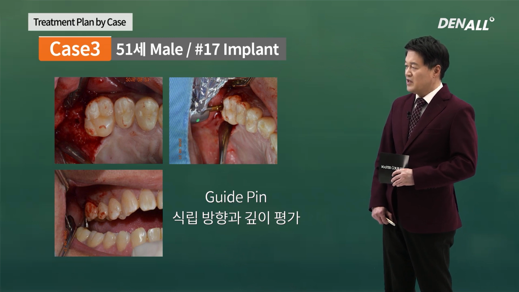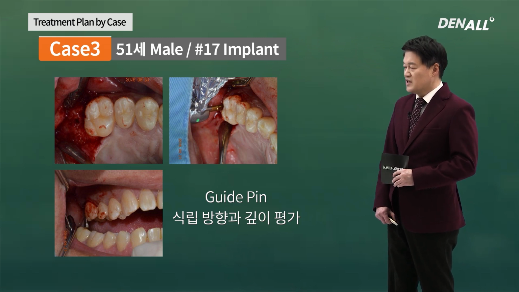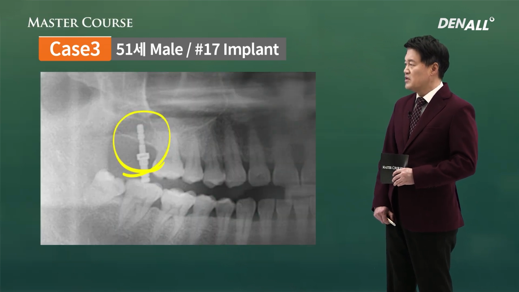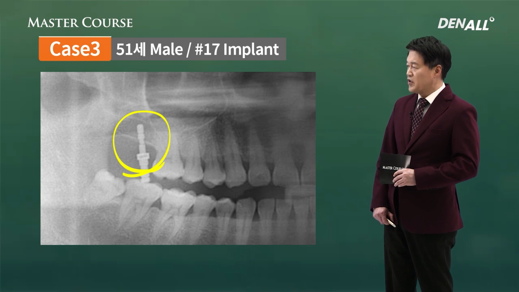And after that, preliminary drilling was done, the guide pin was put in, and I also evaluated placement, direction, and depth. I took an X-ray. I evaluated whether the position was appropriate.